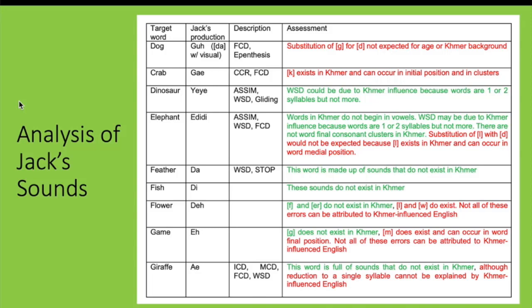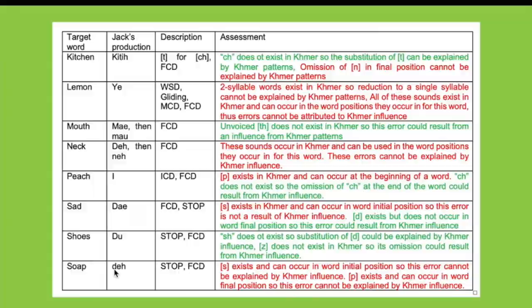So we go through each of the errors and we put in green what we think is okay given the Khmer background. For example, the word fish. These sounds don't exist. There's no f and there's no sh. So I'm not going to diagnose a speech disorder based on that sound. But when I see a lot of these red errors, that's when we do think that there's something more going on here than just an influence from Khmer.